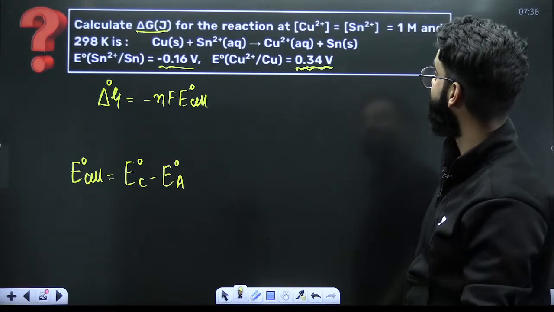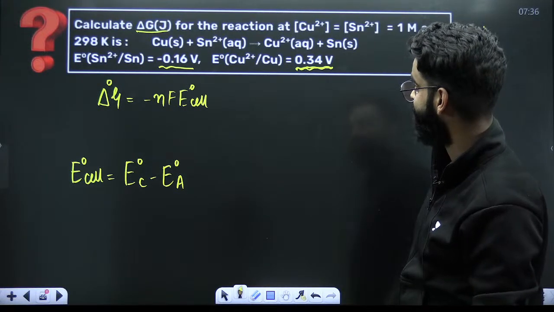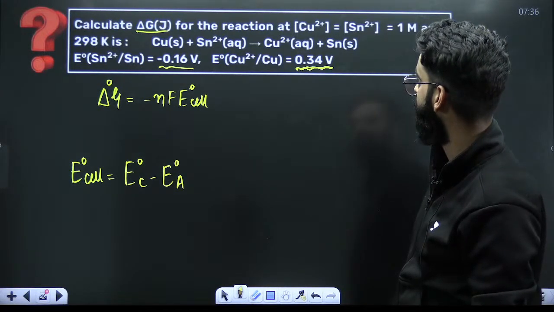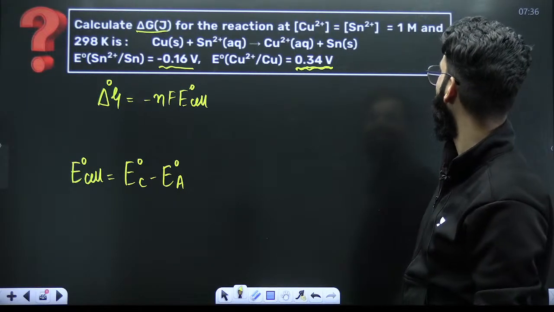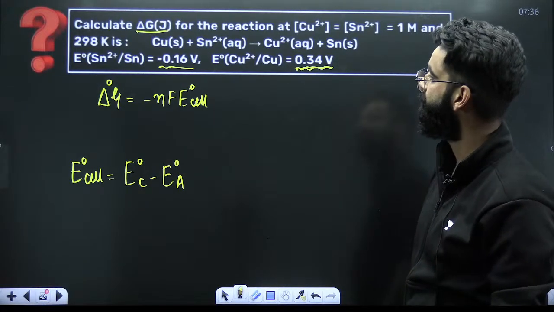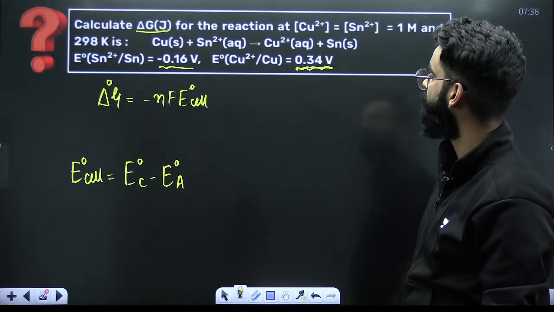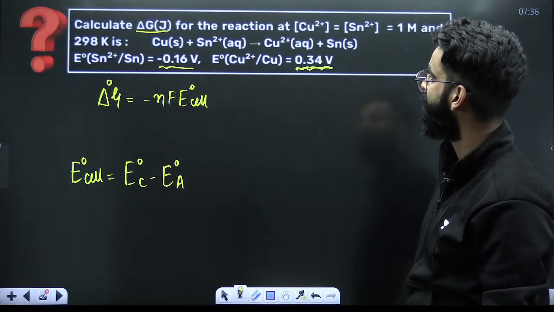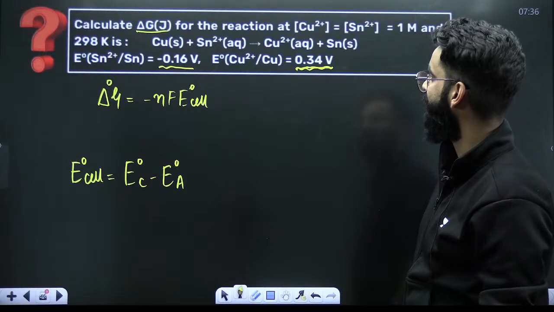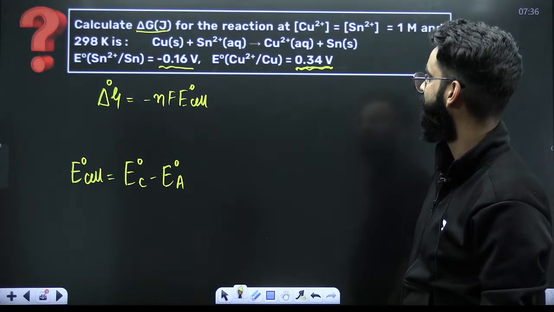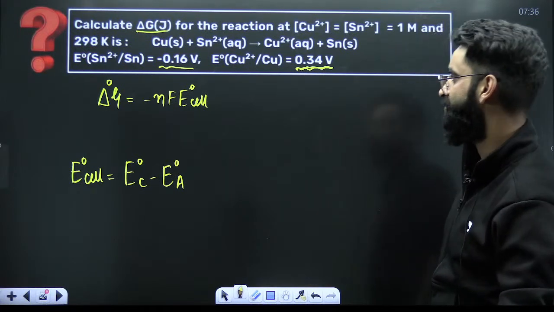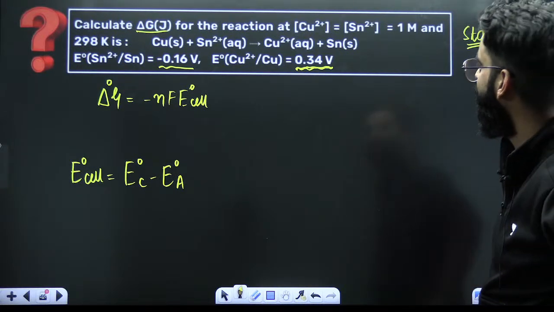Just a second. I think there is something wrong in this question. Yes, the values are not right. Either the reaction is given in the reverse format, or the reaction is not right, or the values are not right.